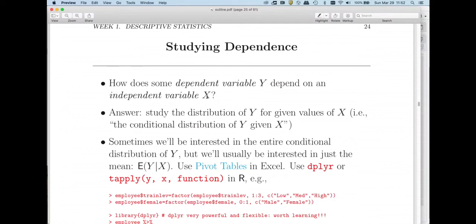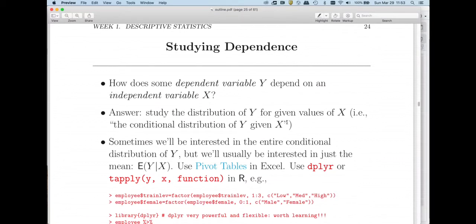All right. The answer to this question is, in general, study the distribution of y for given values of x. Now, back in probability theory, you probably studied conditional distributions, and that's really what we're talking about here, the distribution of y given x.